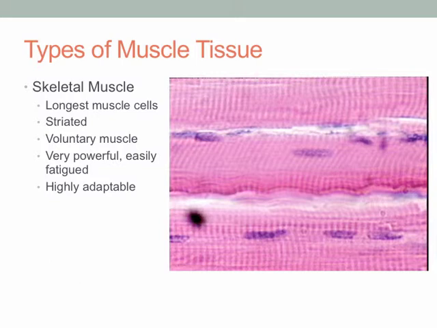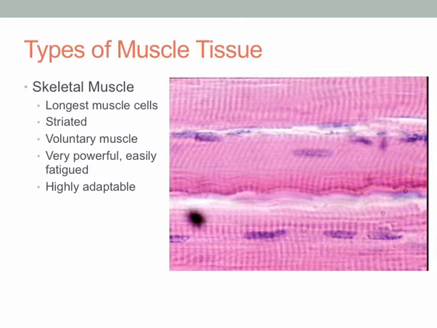Also, it is very powerful. It is the most powerful of the muscle tissue types. However, it is easily fatigued. So you can think about how quickly your muscles fatigue when you're lifting weights, or even if you're running, especially if you're not in great shape. And contrast that to your heart, which has to function 24 hours a day, 7 days a week, all the time, and it never fatigues. So that's another unique identifying feature.